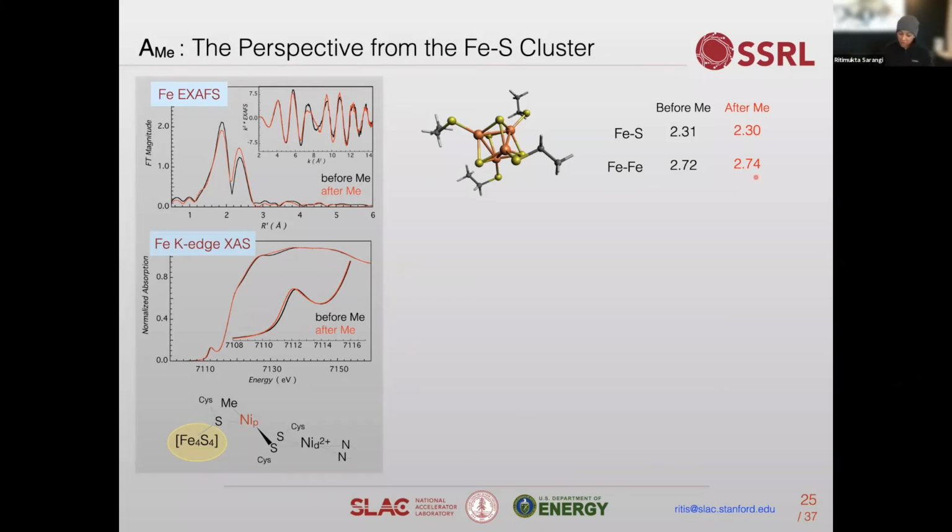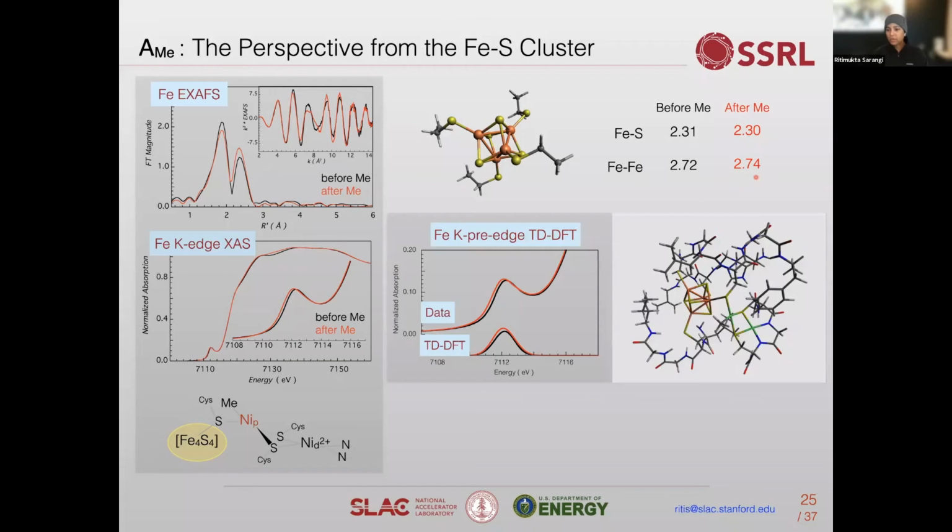So probably a small change in the structure, but not a big change. And again, TD-DFT matches the data really well. And I should mention here that we're looking at a very large molecular complex. It's almost a 300 atom complex for this calculation.